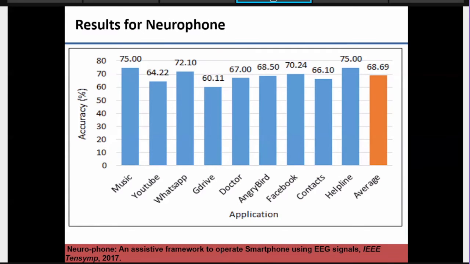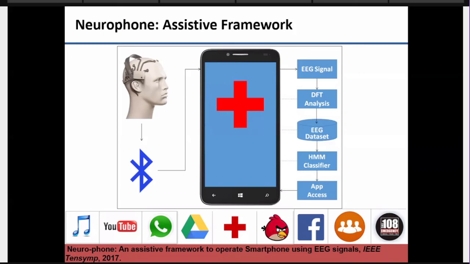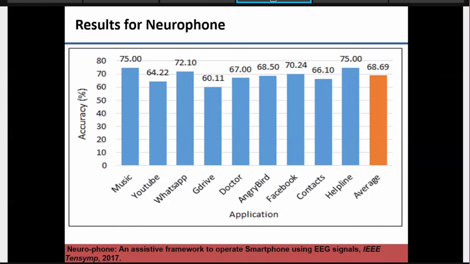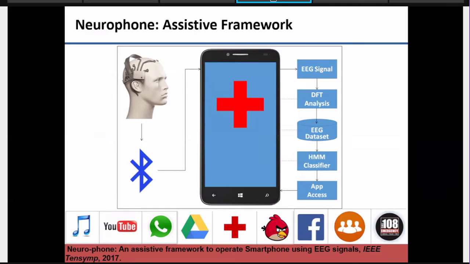If we are using these applications, you will see this paper, an assistive framework to operate a smartphone using EEG sensors, where you have the HMM, hidden Markov model classifier. These are traditional machine learning algorithms.